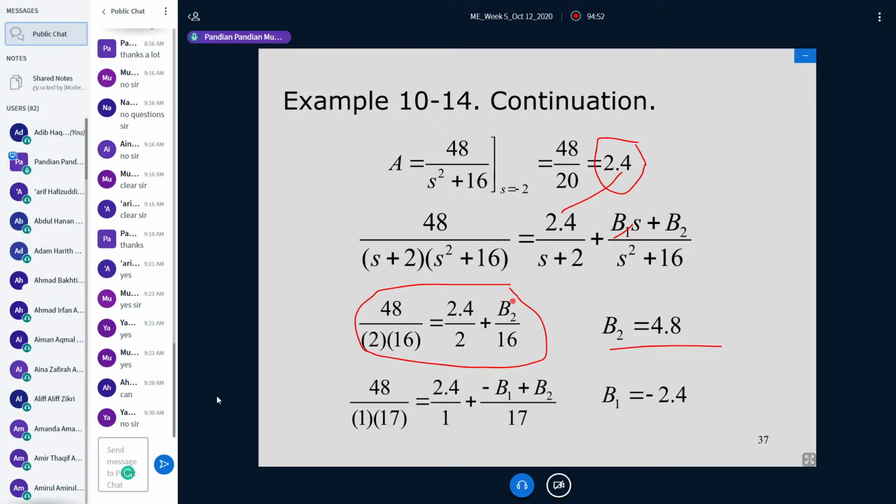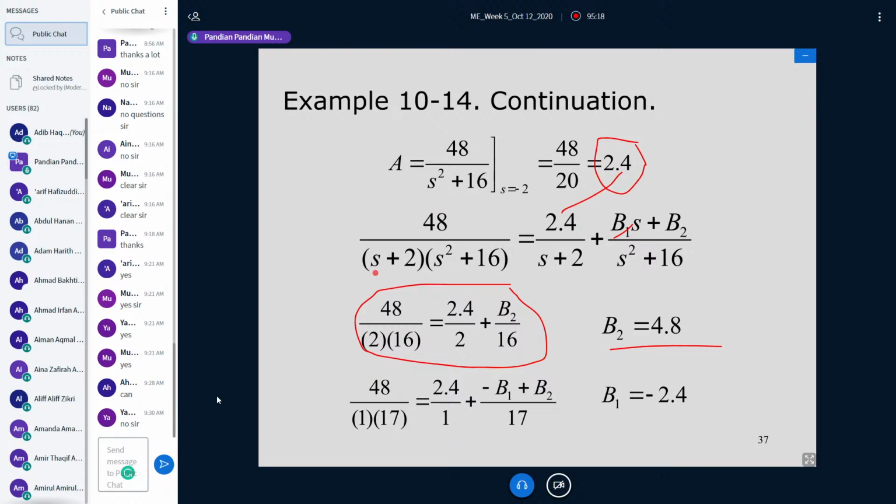B2 you already found. Now you want to find B1. Just now I put s equals 0, so the B1 disappeared. Now we put s equals minus 1, that is the nearest one. You may ask why you put minus 1? It's just as simple as that. Just put any value as you like; the easiest one is minus 1.